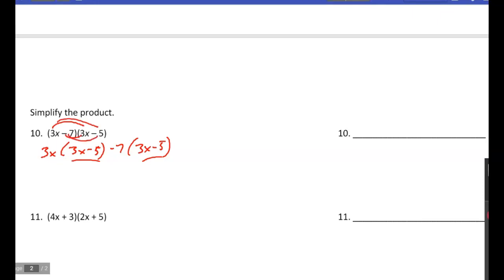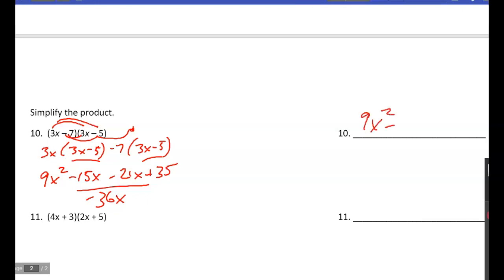And then the FOIL method there, which I rewrite over here. 9x squared minus 15x minus 21x. And then my negative 7 times negative 5 becomes a positive 35. These have to combine. They become negative 36x. And there's my answer. 9x squared minus 36x plus 35.